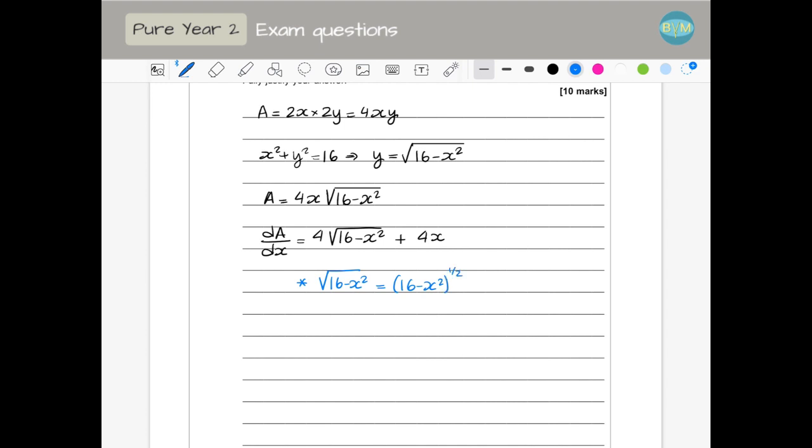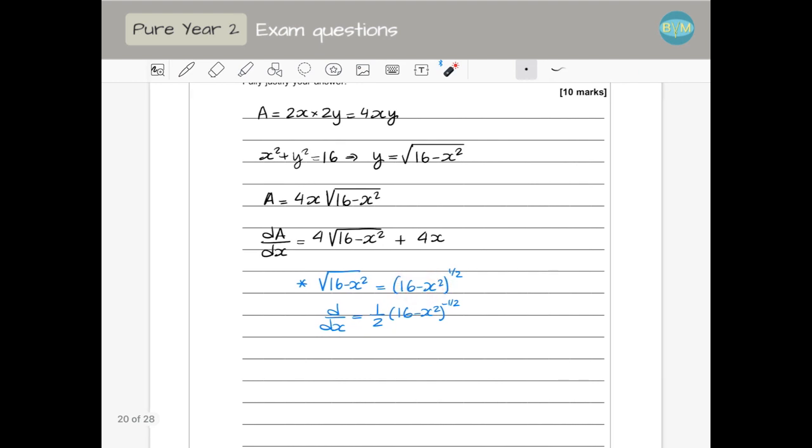So when I differentiate something to the power of 1/2, it's 1/2 at the front, my function to one power less, so minus 1/2, and then I multiply by the derivative of my function, which is minus 2x. I can simplify a bit, but not too much.